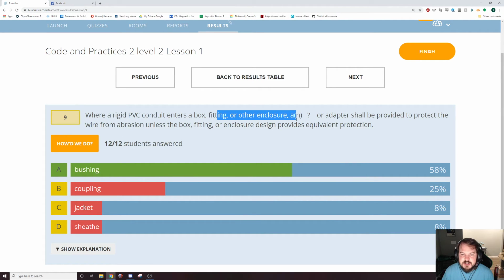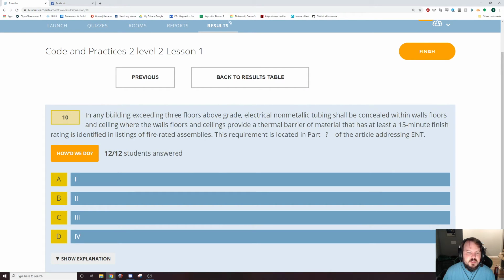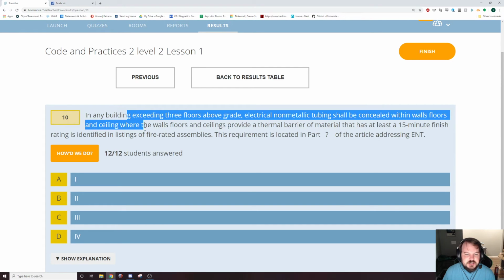This is installation requirements of PVC. It's pretty straightforward. Any building exceeding 3 floors. Let's see where type of conduit is. Electrical non-metallic tubing. So we're going to go to electrical non-metallic tubing. We'll read our question.